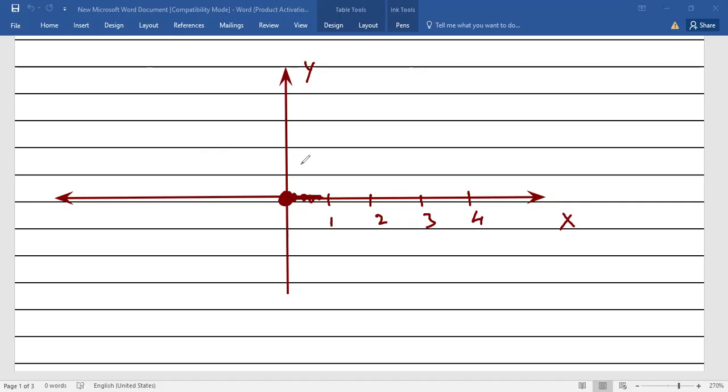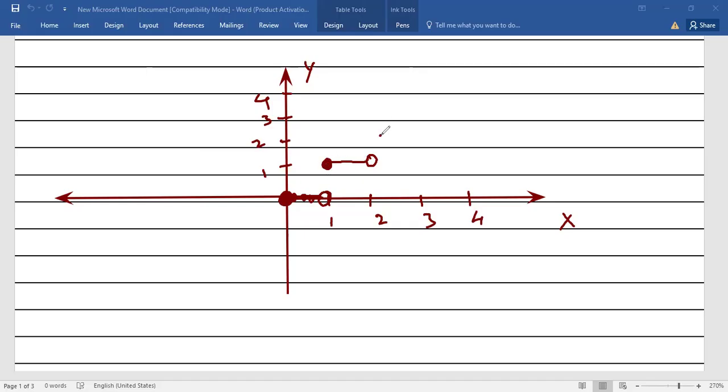Any point between 1 to 2, not including 2, will give us this one as the answer.